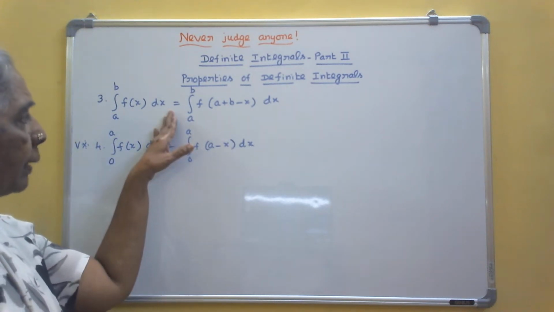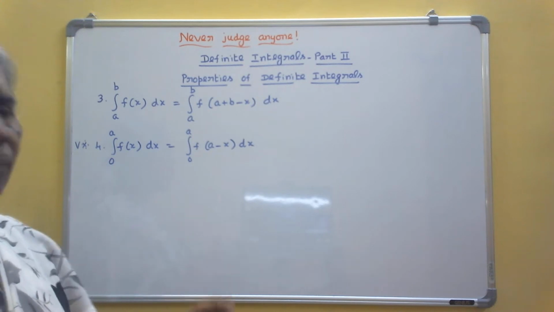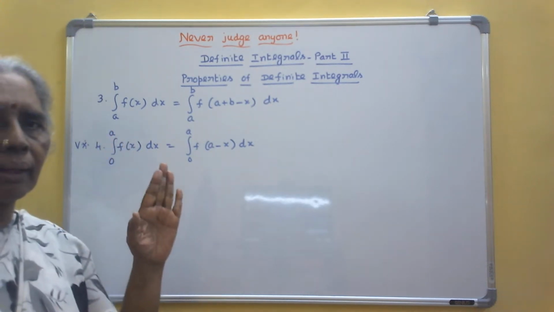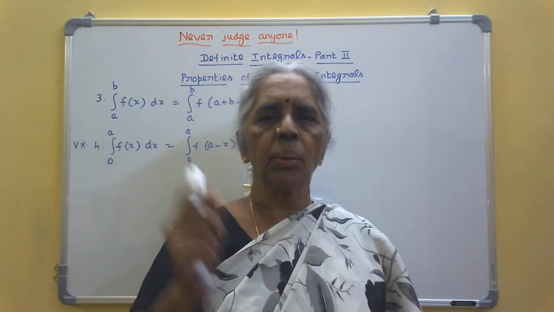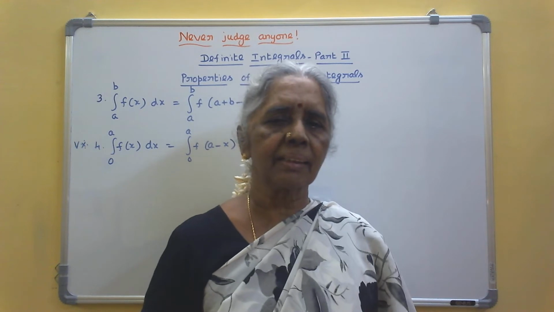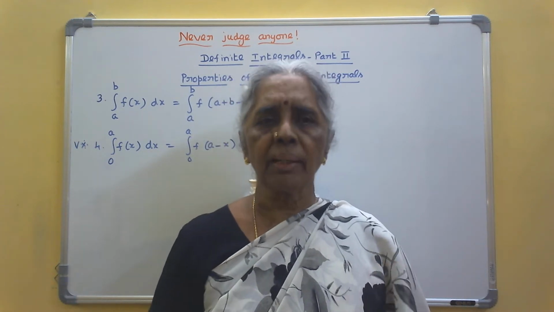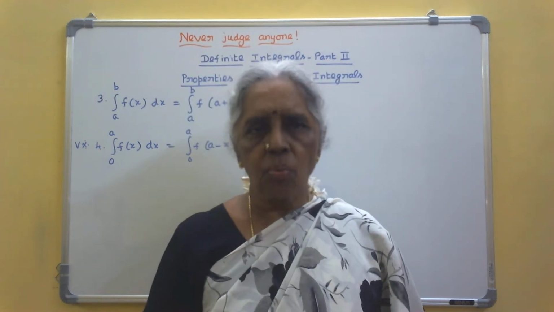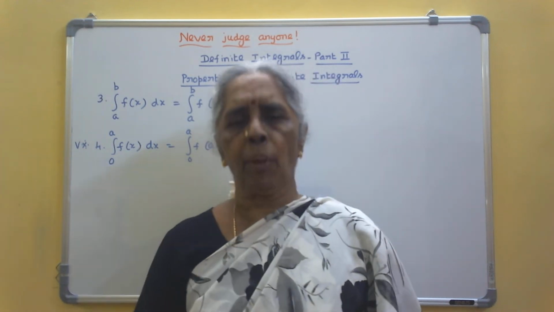So, this property is a special case when the a is 0 and the b becomes a: integral 0 to a f of x dx is equal to integral 0 to a f of a minus x dx. This is a very important property because we will be using it in many types of sums. So, today we are going to concentrate only on this fourth property.